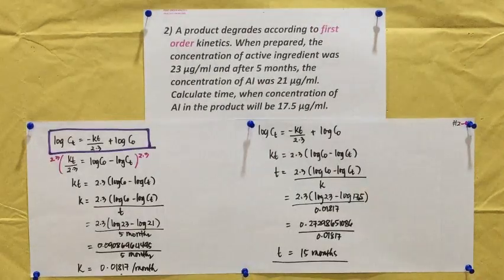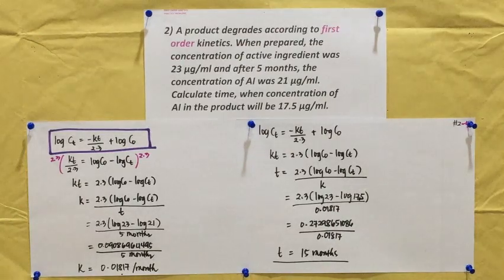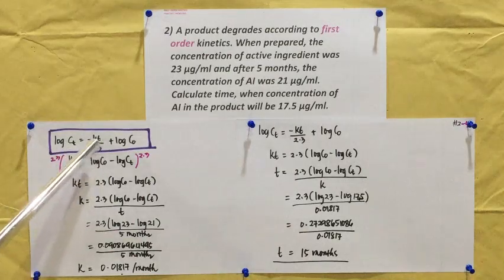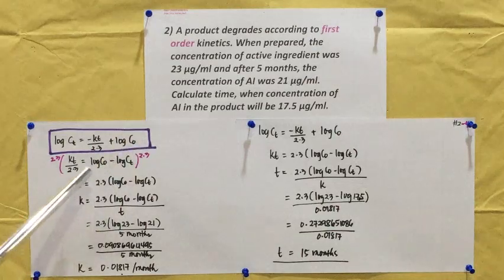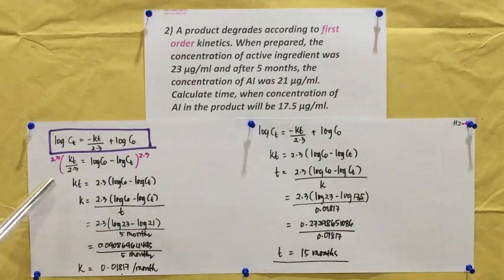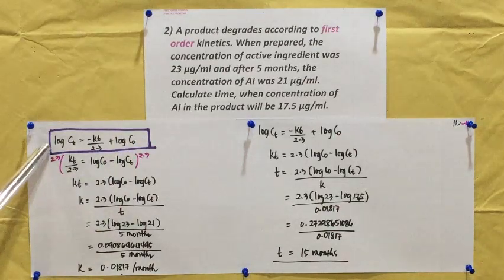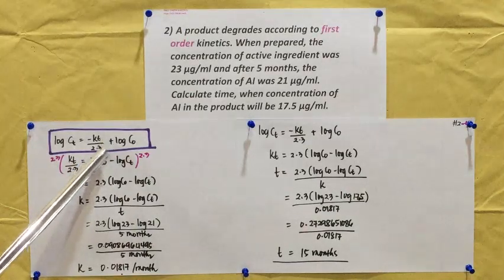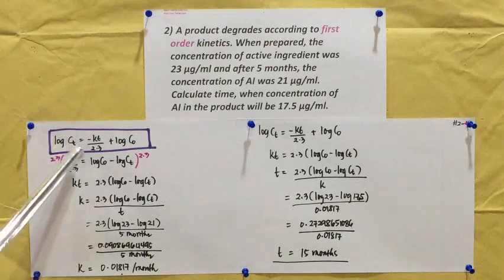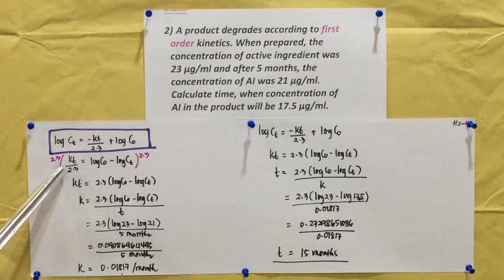The second approach to problem number 2 is by using this formula here. The formula is log CT is equivalent to negative KT divided by 2.3 plus log CO. So we will derive how to compute for K from this formula. This negative KT divided by 2.3, we will transfer it to the other side, so this becomes positive now.